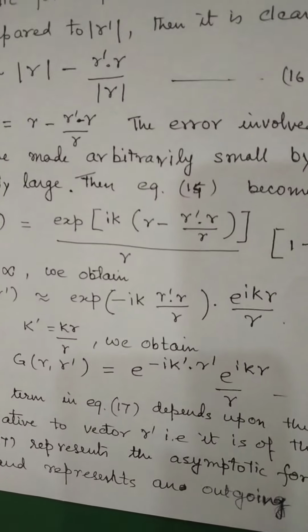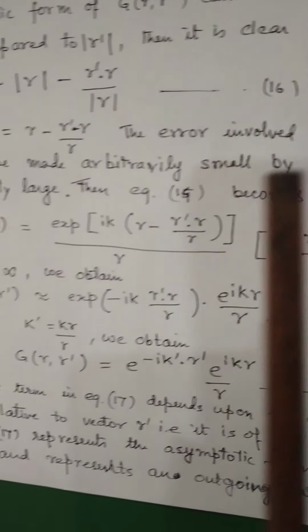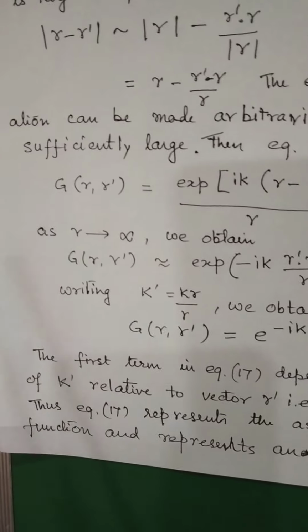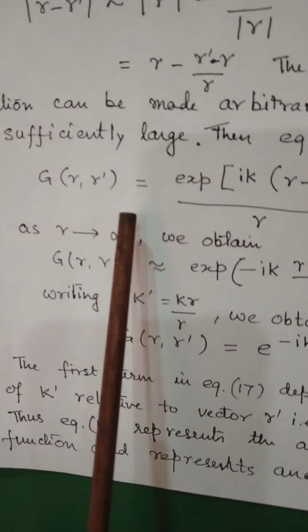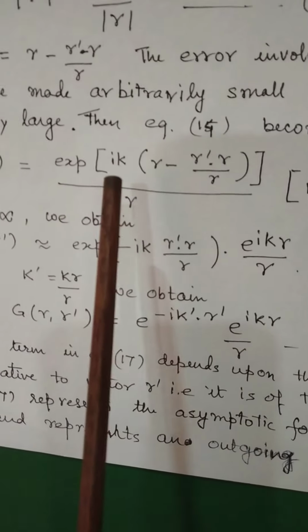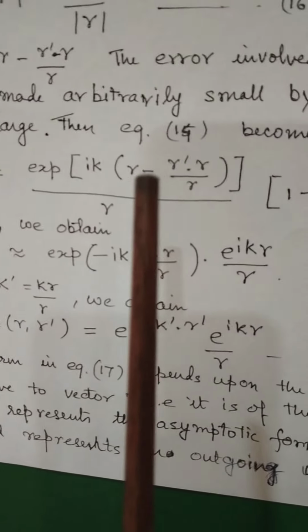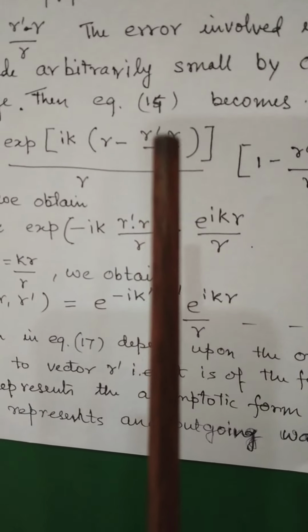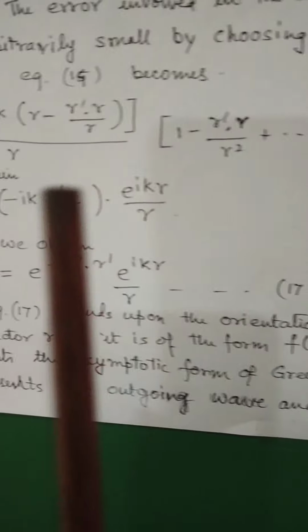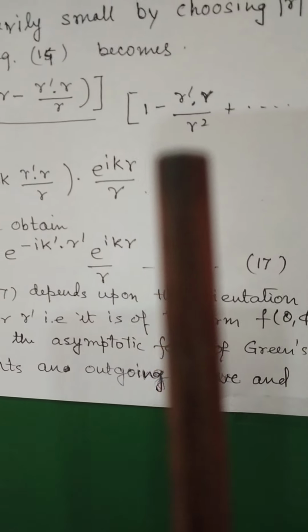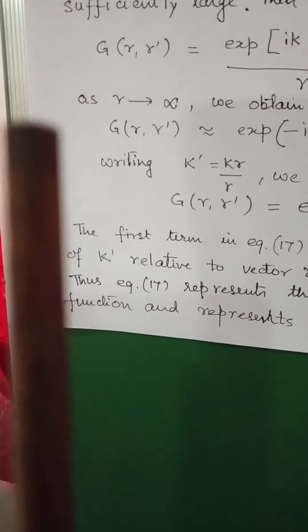Thus, equation 16 becomes g of r dash equal to exponential iota k multiplied by r minus r dash dot r upon r, divided by r, multiplied by 1 minus r dash dot r upon r square plus higher order terms of this function.